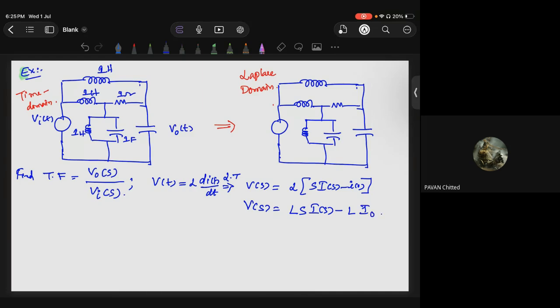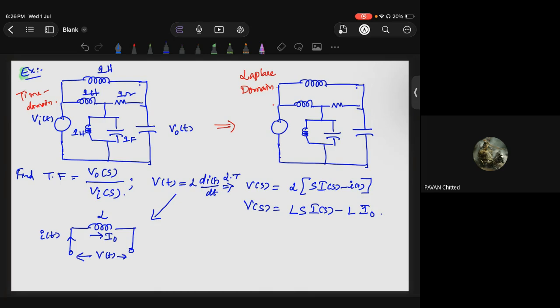Can you see here, on the left side we have voltage. Correct? So the current is I of t and this is V of t. Am I correct?